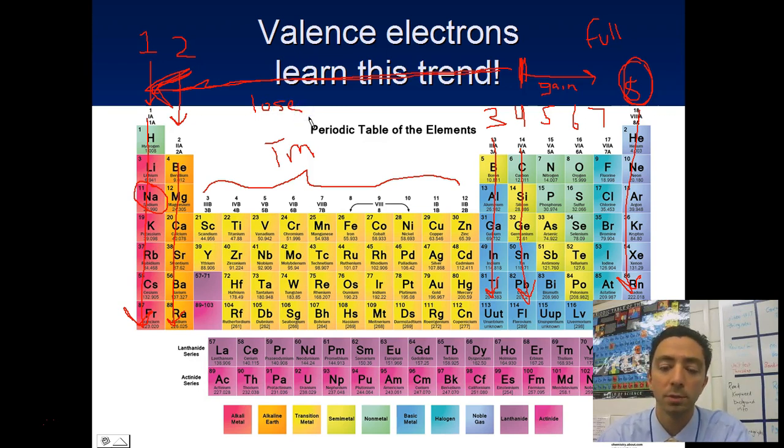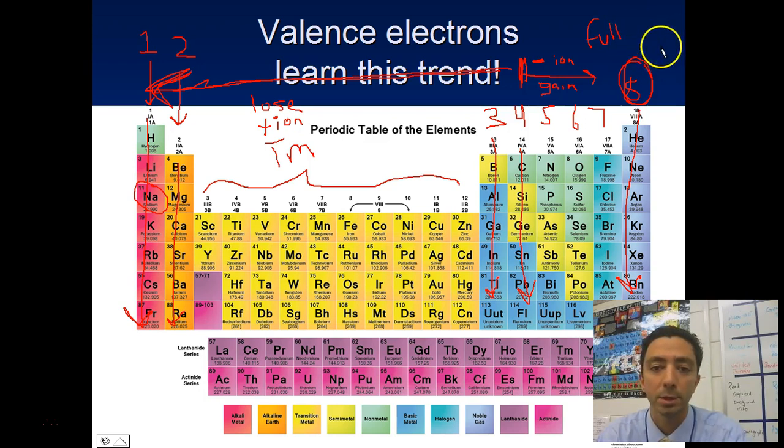It's easier to lose a few than gain a whole bunch. Because they're going to lose, that means they're going to form positive ions, with a positive charge. As they get rid of electrons, they'll have more protons. The ones over here that are gaining, those are going to be negative ions. All right, so those are some trends that are really helpful, things that we've kind of built up in previous sections that will pay off for this section.